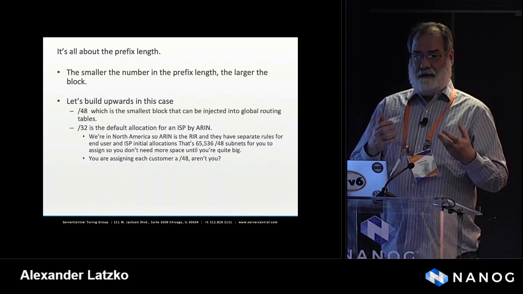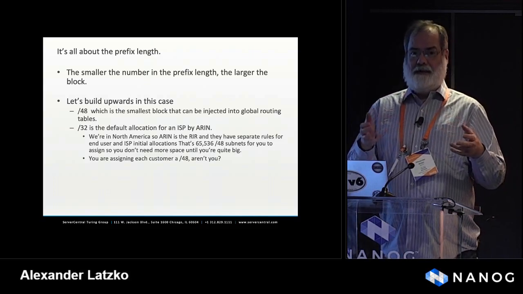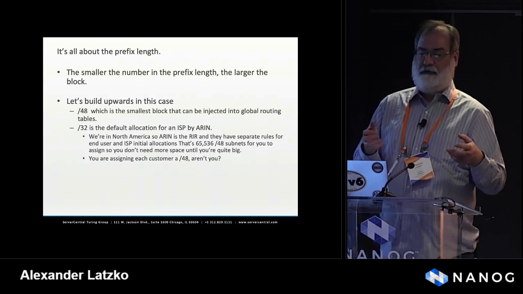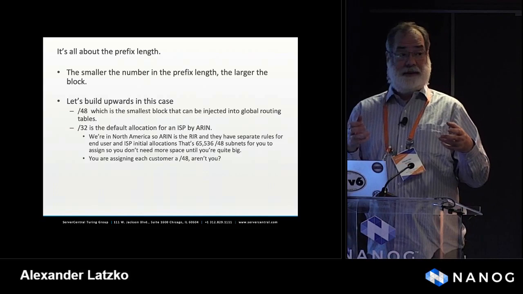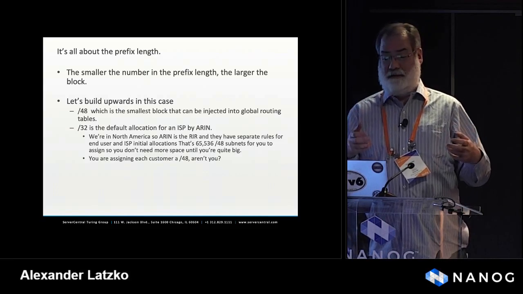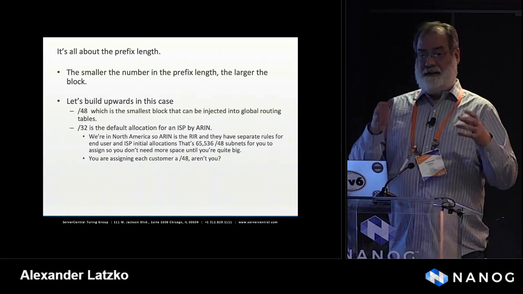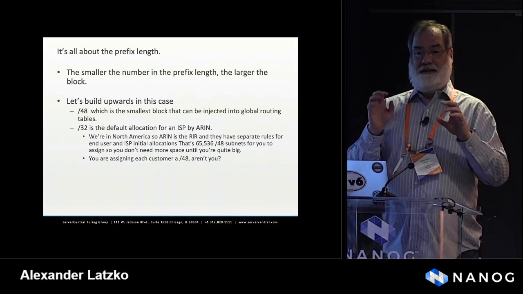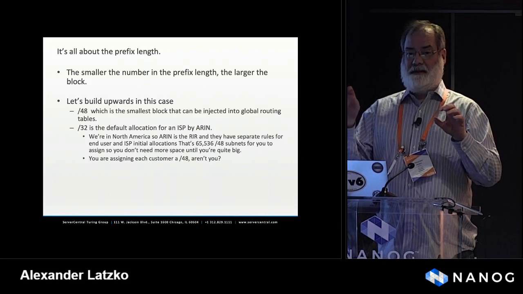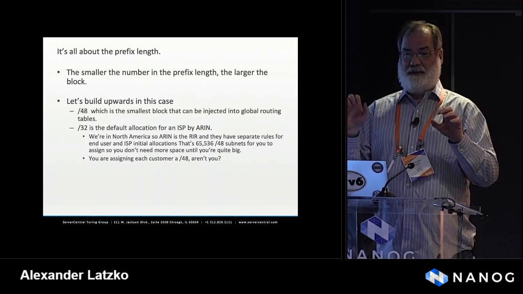And how many people here aren't ISPs? That should be a smaller number. Okay, 2. Does everybody assign a /48 for every customer? Good. You think about the fact that a /48 is the amount of subnets that a /16 is of individual IPv4 addresses.